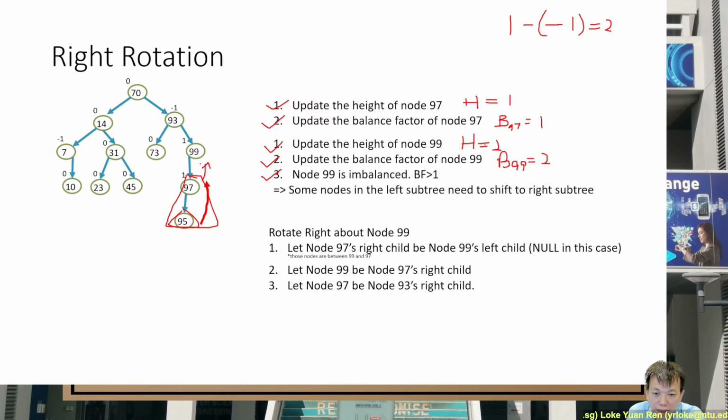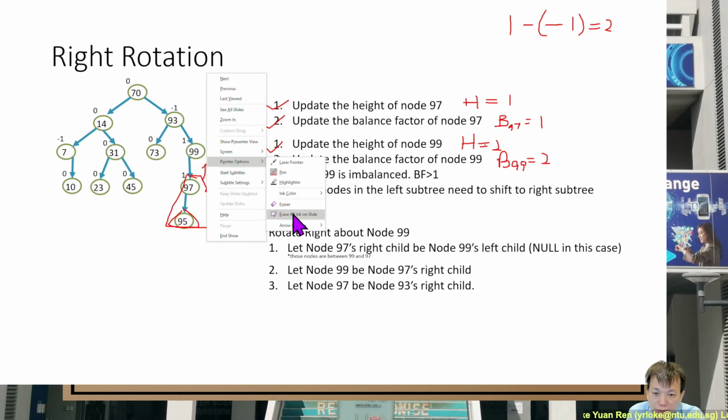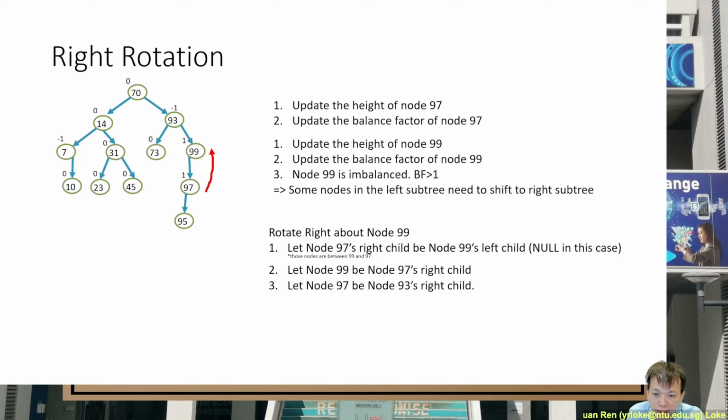By doing this rotation, I need to move 97 up and move 99 down, and bring whatever is here along. It's just nice that this one is a null pointer, so you don't have to do anything. Otherwise, node 97's right child would become node 99's left child.